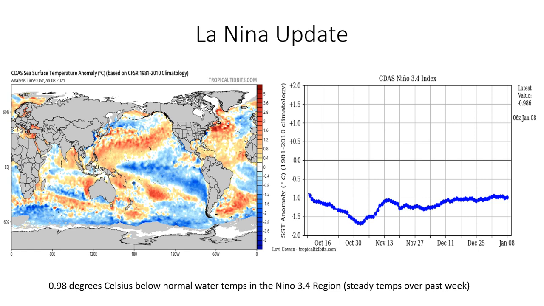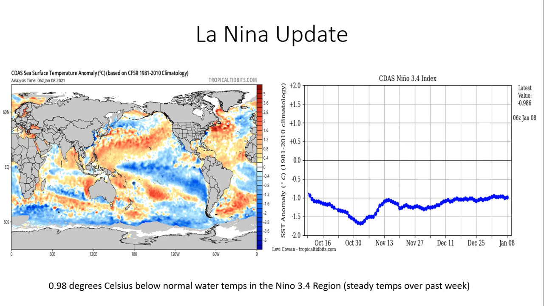The graphic on the right, the blue line represents where the temperature departures have been generally going back to early October. Generally showing that we had a pretty significant drop-off in the water temperatures in the Nino 3.4 region. Generally around Halloween, it reached its coldest level, 1.6 degrees Celsius below normal, below climatological normal levels.